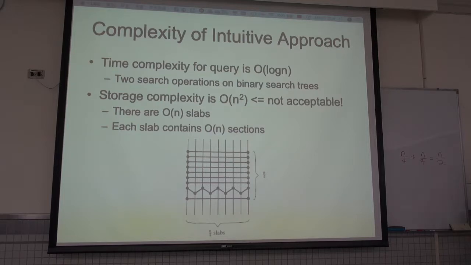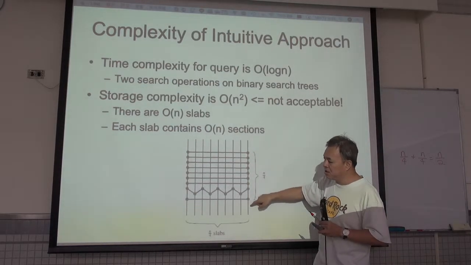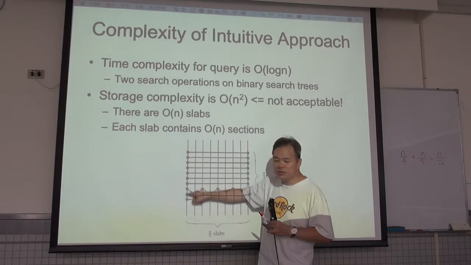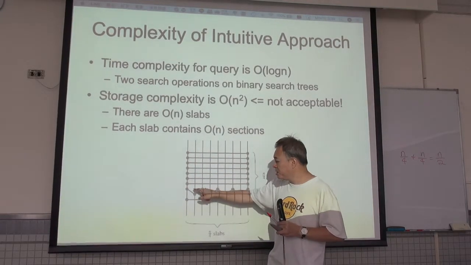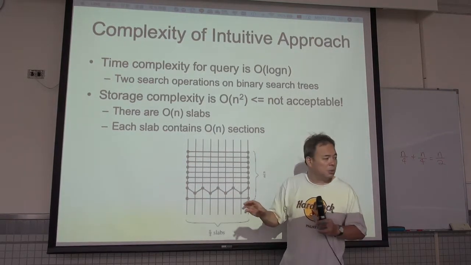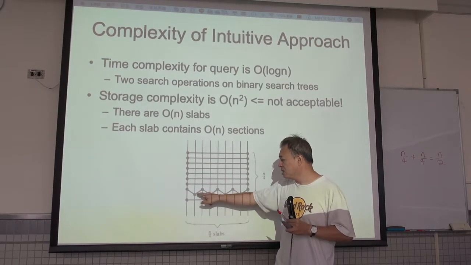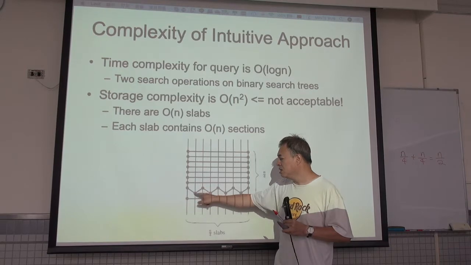So if you include the points in the complexity calculation, we have n over 4 small points here, n over 4 small points here, and n over 4 small line segments. Because they are consecutive line segments, each of these is shared by 2 line segments.